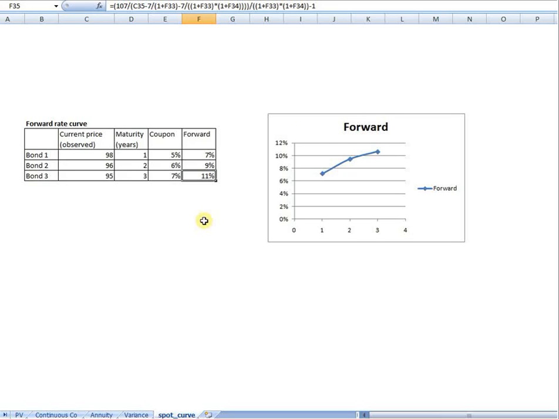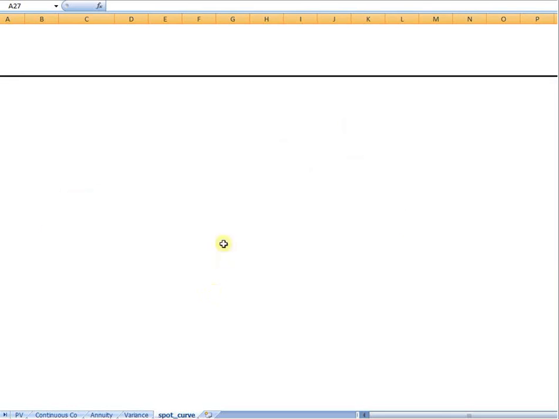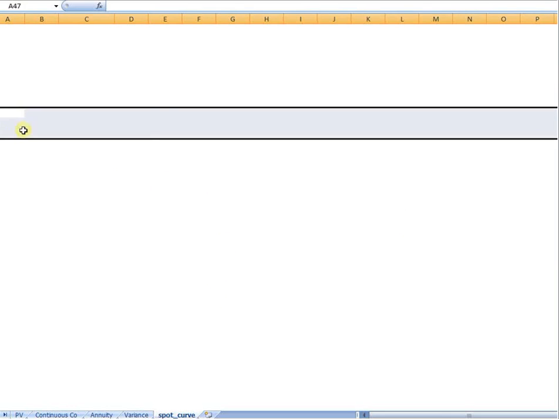This is useful in the sense that when someone says that they want to borrow a number of years into the future, you can easily use this curve and quote the person the market yield. Let's move on to the spot rate curve, which is the curve that is most commonly used.